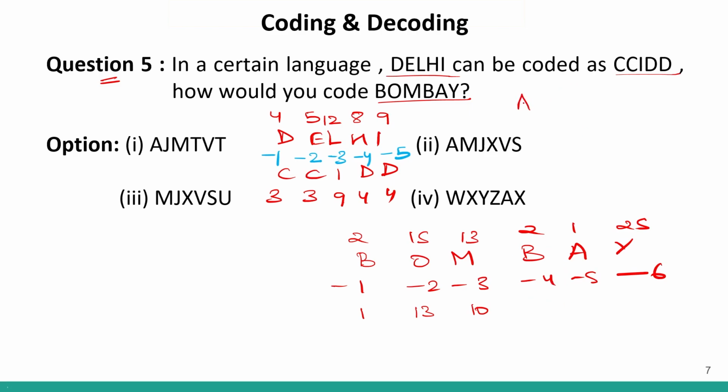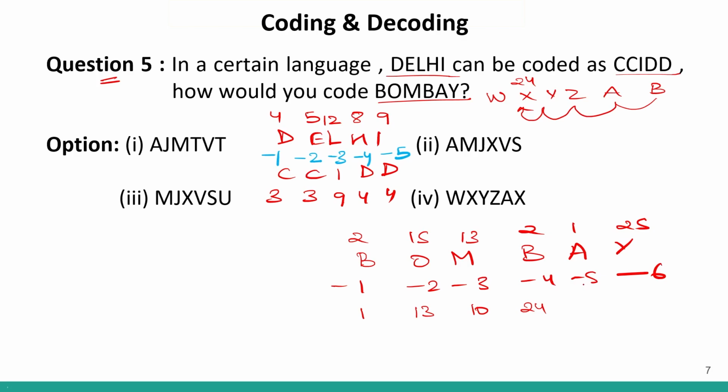See, we have A, B, C and X, Y, Z. Or you can write it like W, X, Y, Z, A, B. So from B, if I'm going -4, 1, 2, 3, 4, I will go to X. And what is the position for X, which is 24. So here I will get 24. From B, if I go -4, I will get 24.